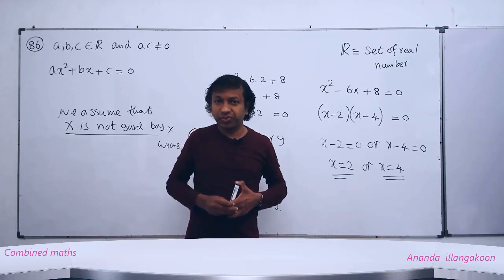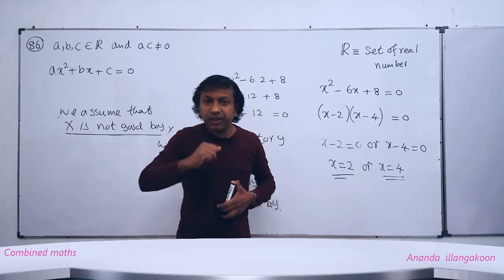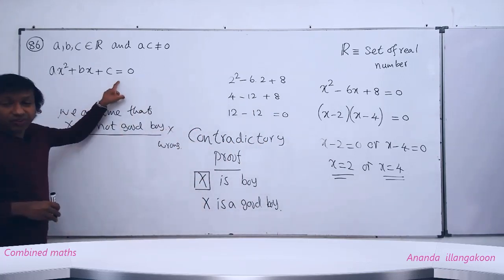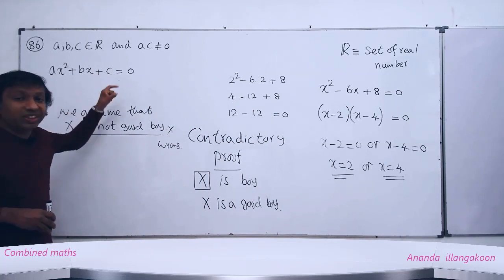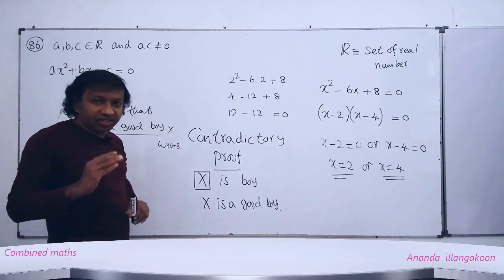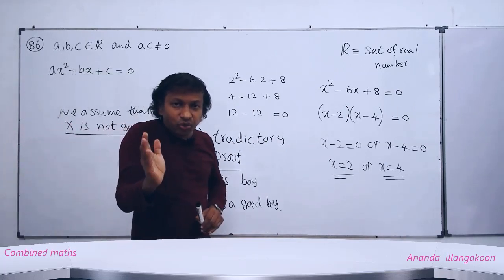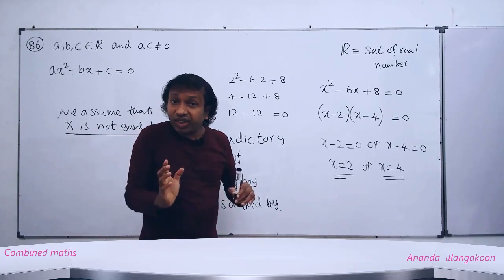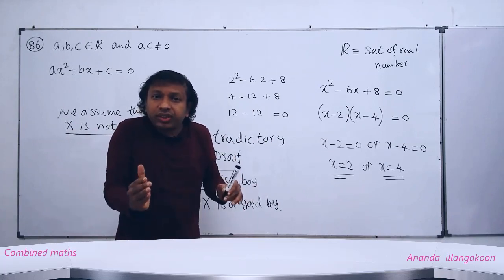Understood, people? So therefore, here, we need to prove what? 0 is not the root of this. Then under this contradictory proof, we have to assume 0 is a root of this. Why? Because we said we assume exactly the opposite of what is to be proved.